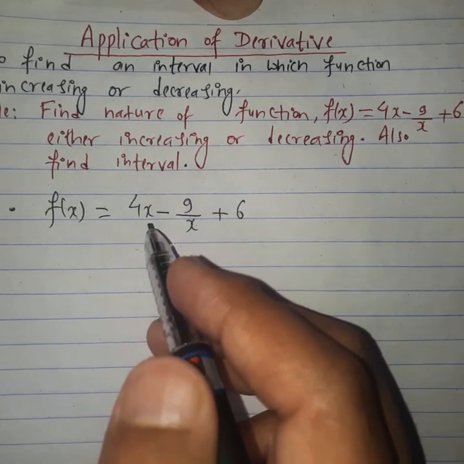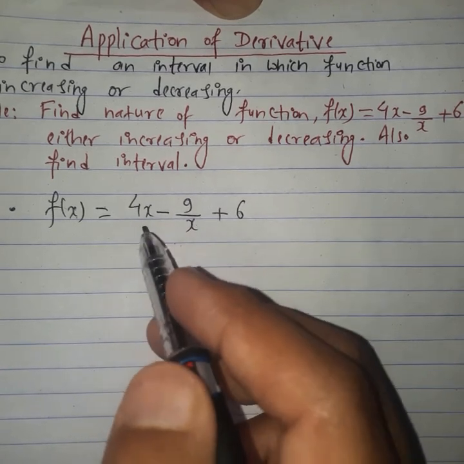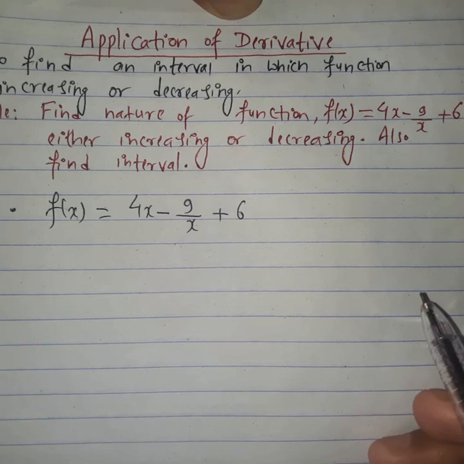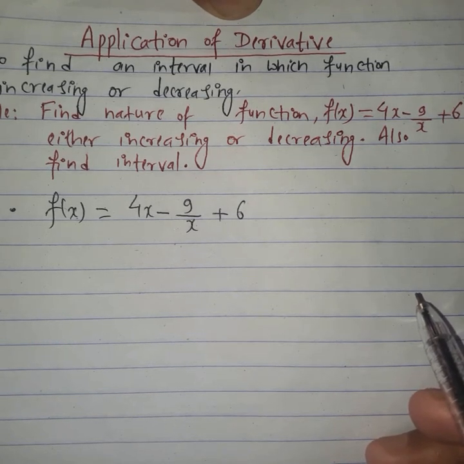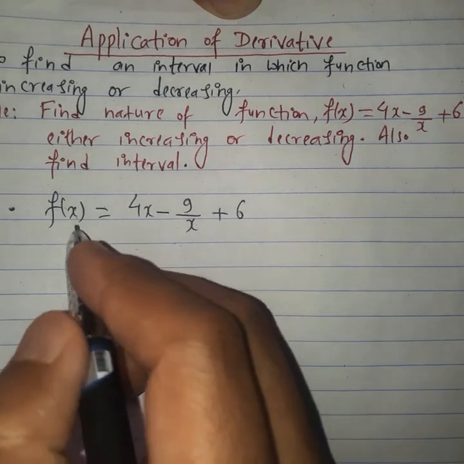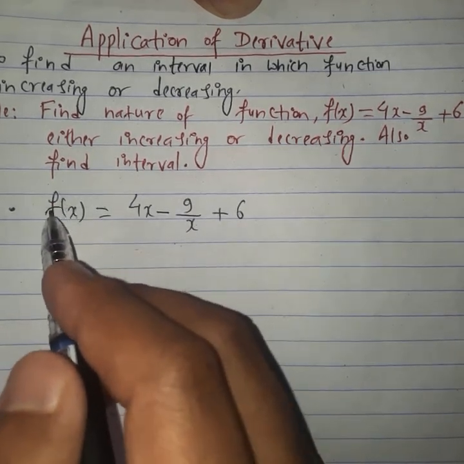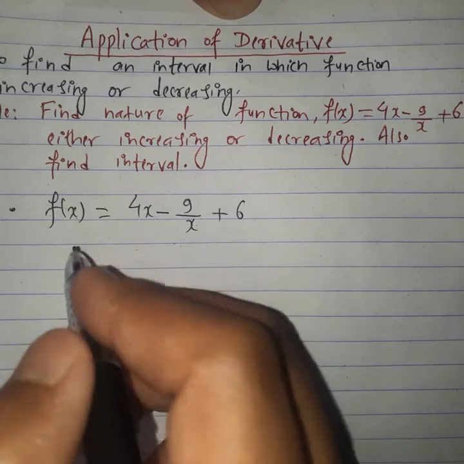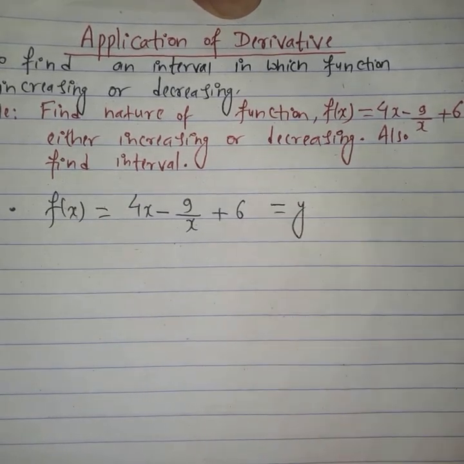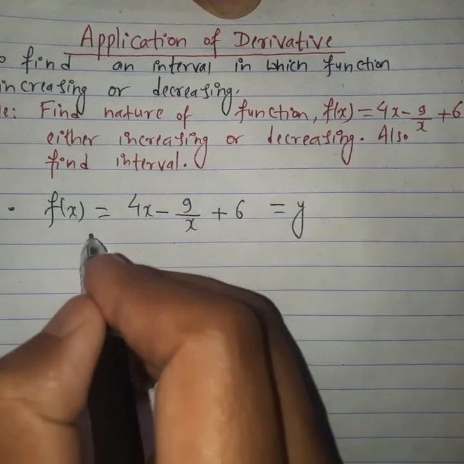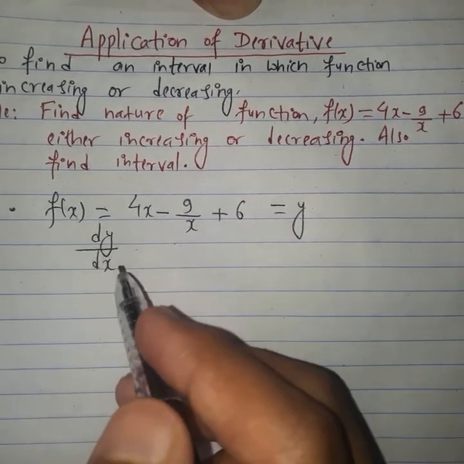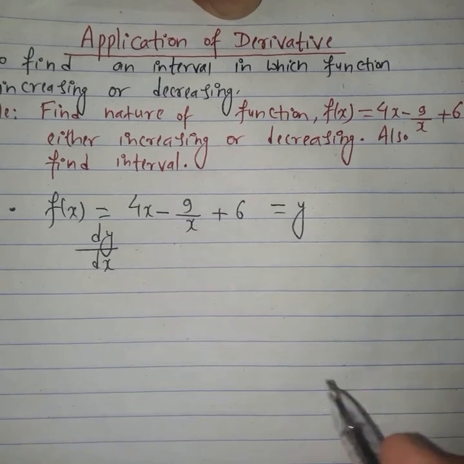Please remember one very important point while calculating the nature of a function, either increasing or decreasing. We have to first calculate the first derivative of that function. Let's calculate the first derivative of this function f of x. Let's suppose this is y, so let's calculate dy over dx, the derivative of y with respect to x.